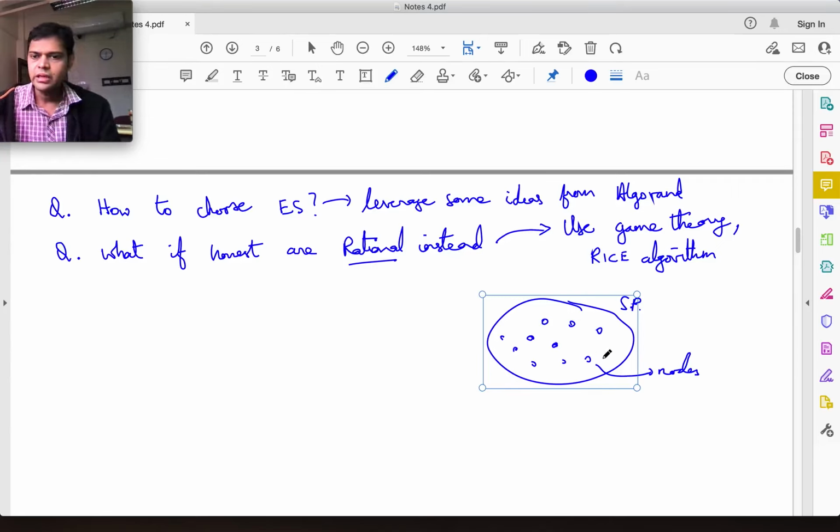And it also takes care of the Sybil issue, where one person shouldn't be able to arbitrarily claim to be any number of other people. He has to deposit a certain amount of money, and of course, depending on how much money he deposits, he can control multiple nodes in the stake pool. Right? But we are assuming that at most F max fraction of these stake pool nodes is Byzantine. So what we want to do is that given a particular task, we want to randomly choose an execution set.